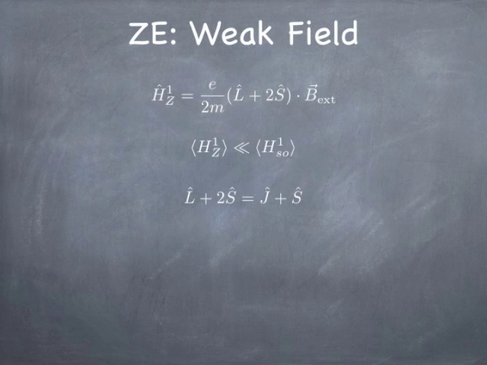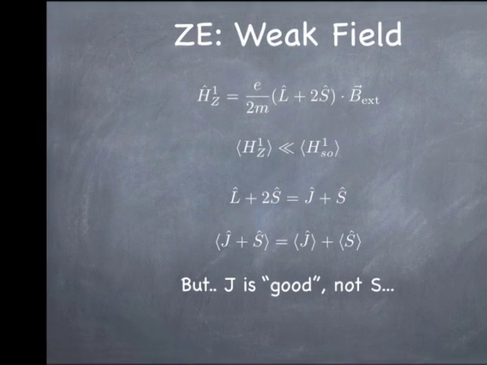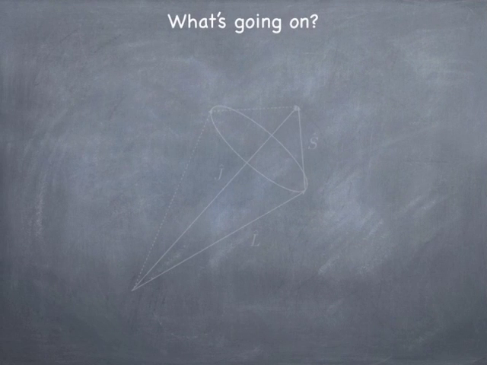J is conserved because J is conserved in the spin-orbit coupling, and it's much larger than the energy that we're talking about calculating. And so the idea is you can think of J as being good and S as varying. Parts of S are going to average out to 0, and parts of S are going to have a finite average contribution, but we've got to figure out which parts we need to worry about.